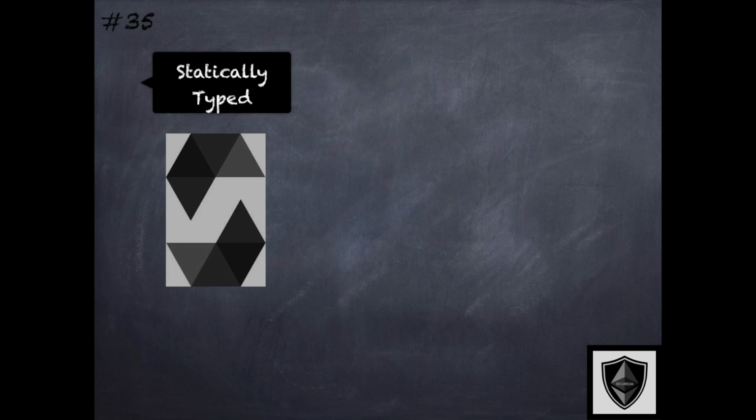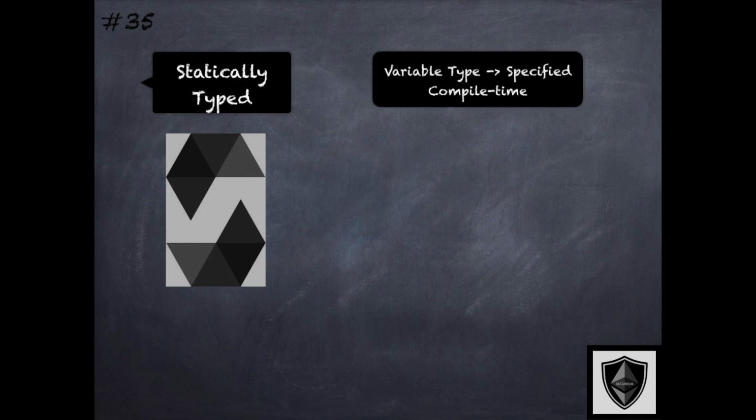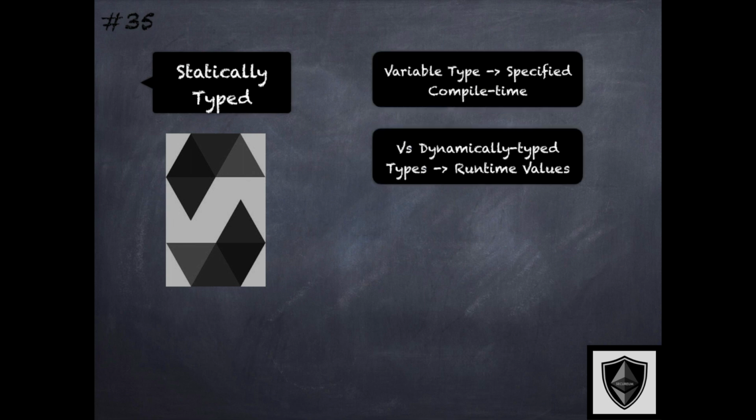And this applies to the state variables and also the local variables. This is in contrast to what are known as dynamically typed languages, where types are optional at compile time and are required only to be associated with the runtime values during execution.